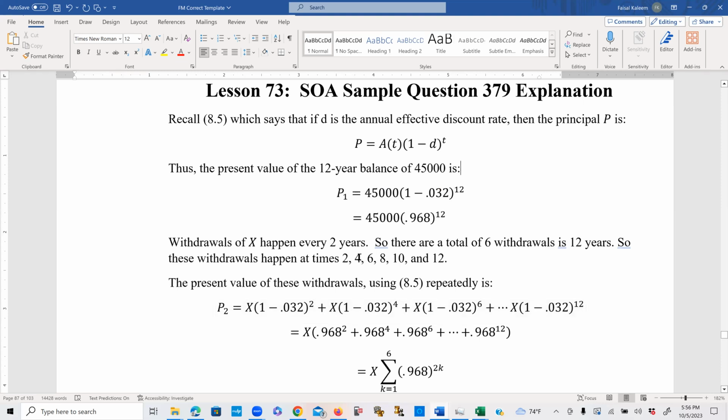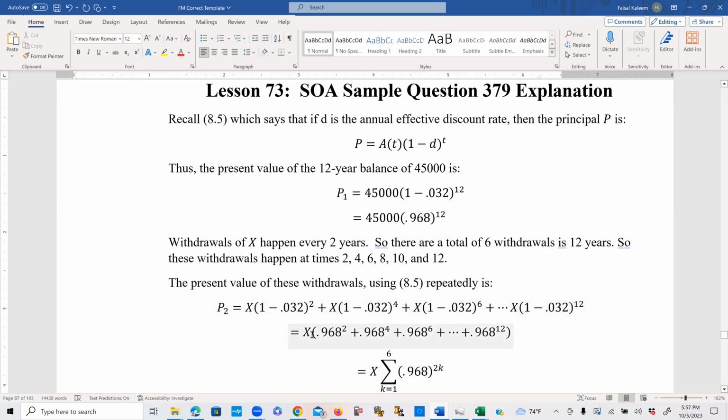Similarly, the withdrawal at time 4 has a value at time 0 of X times (1 - 0.032)^4, and so on up to X times (1 - 0.032)^12. And 1 - 0.032 is 0.968.